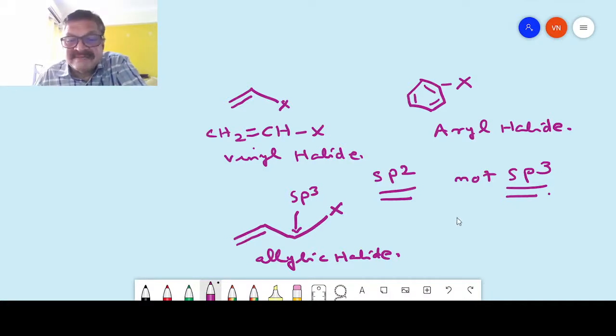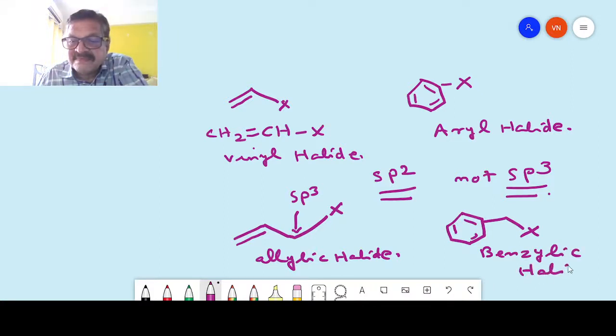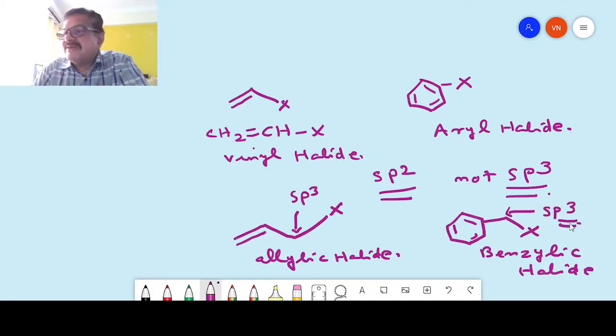In the same way, we can say this compound here, if we are having this, is a benzylic halide. This carbon here is an sp3 hybridized carbon atom. So these are the differences here.